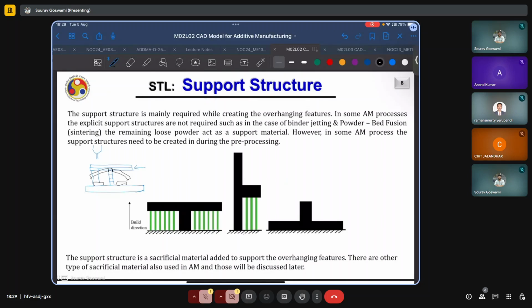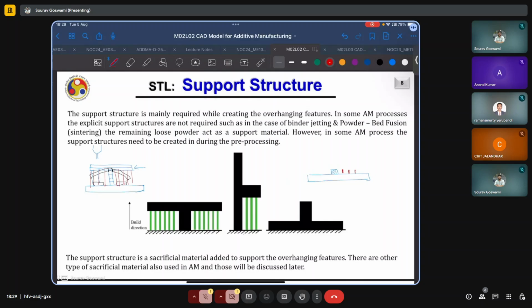Then how do we print this structure? We do it with supports. That is, in each of the previous layers, along with printing the part which I am indicating by blue here, we have also printed these tiny supports.